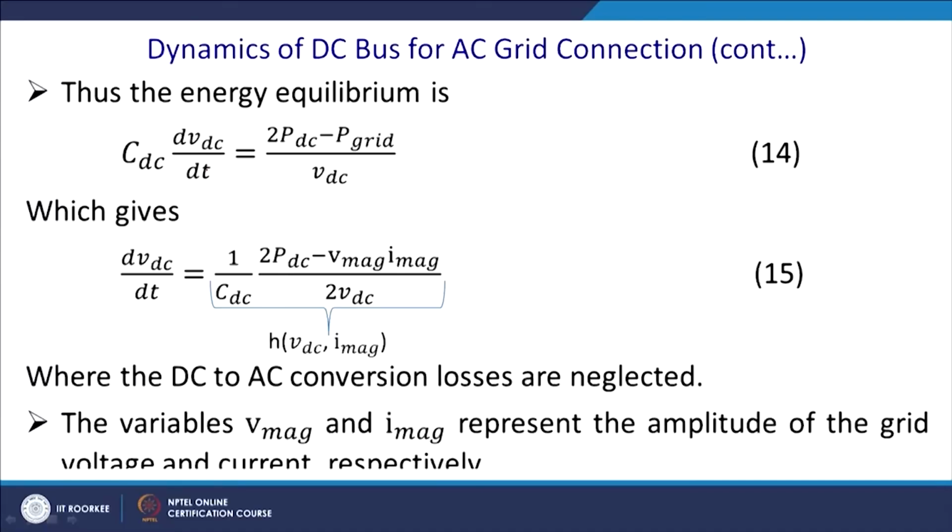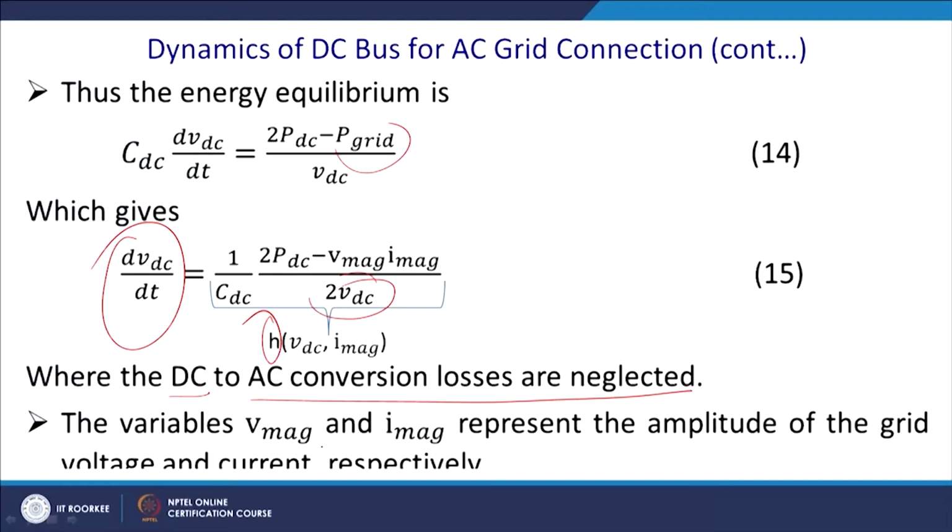So C dV/dt equals P_DC minus P_grid by V_DC, which you can rewrite as 1 by C_DC into P_DC minus, this can be split into the grid side voltage and current by the DC bus voltage, that is 2 V_DC, and we name it as a function H of V_DC and I_MAG, where for the DC and AC conversion losses, we assume that the system is lossless here.